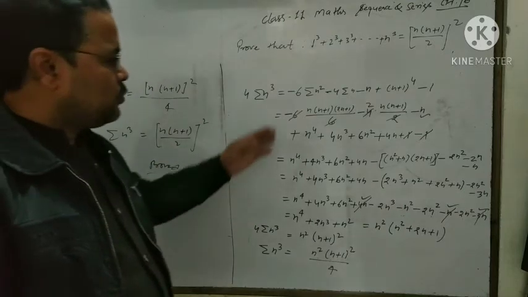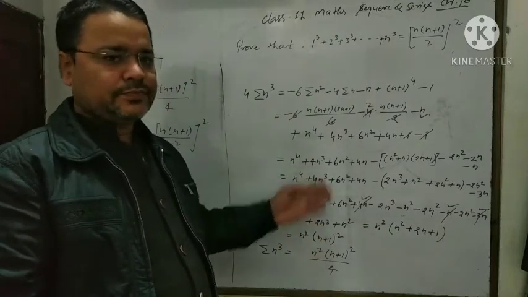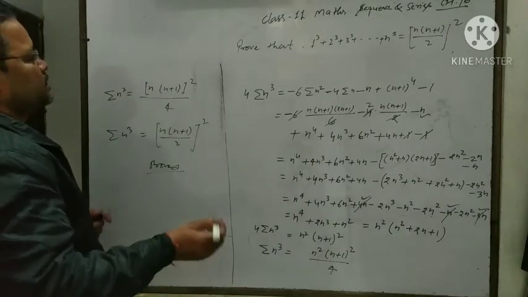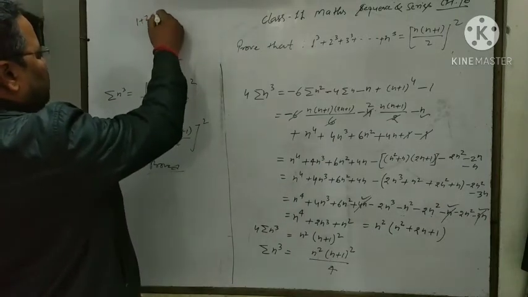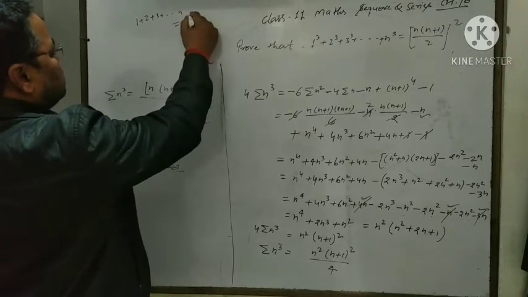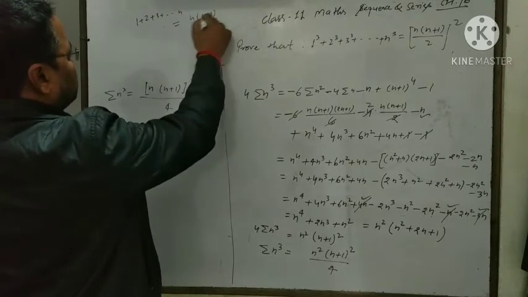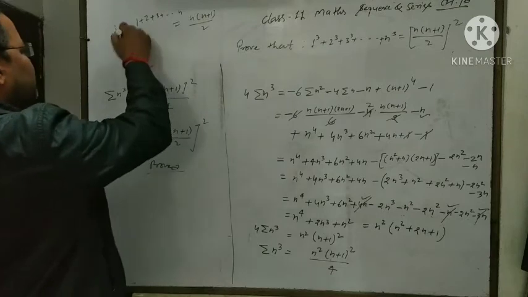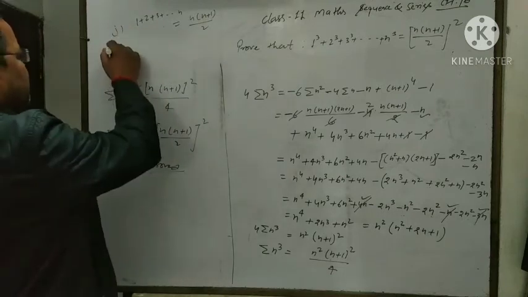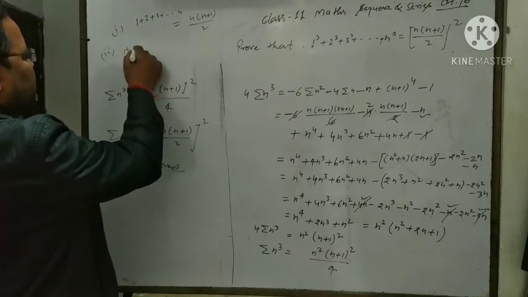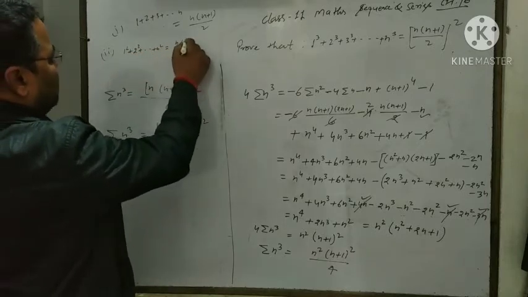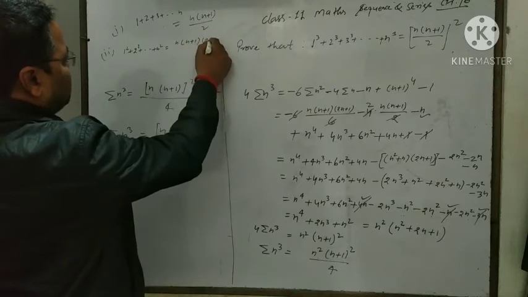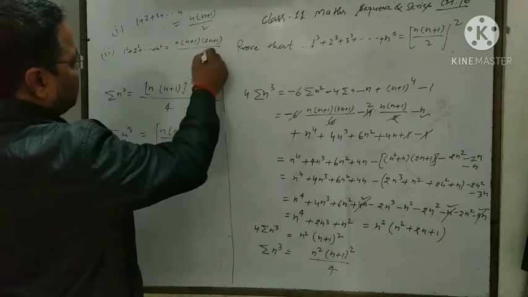Okay. We have to be very careful here. In this way we studied the sum of the first n terms: 1 plus 2 plus 3 up to n is equal to n into n plus 1 by 2. This was the first proof. After that we proved that 1 square plus 2 square plus up to n square is equal to n into n plus 1 into 2n plus 1 by 6.